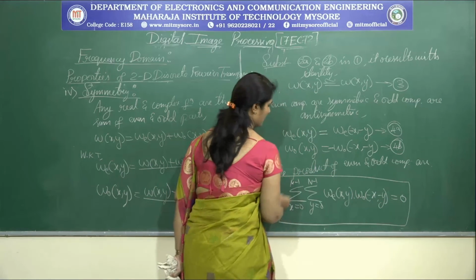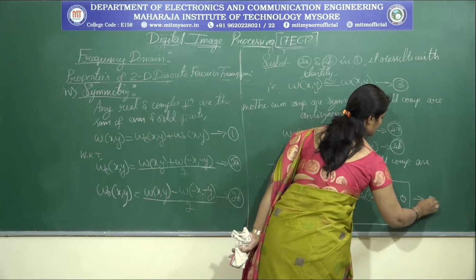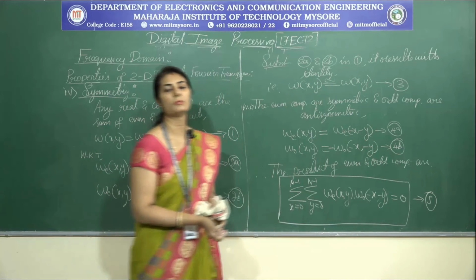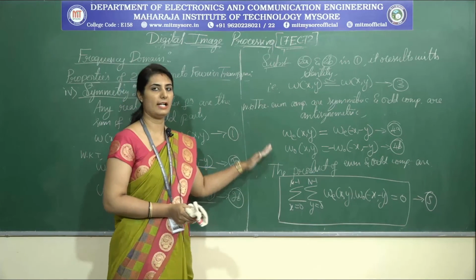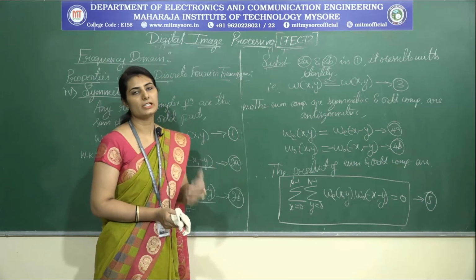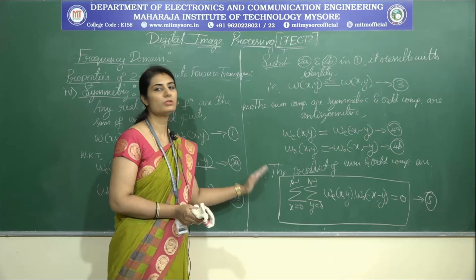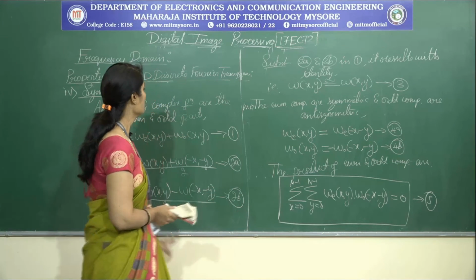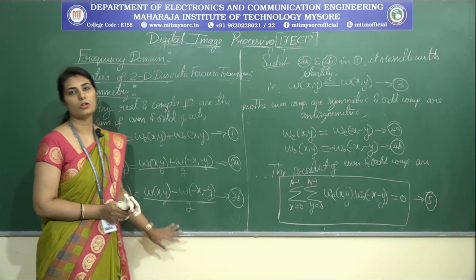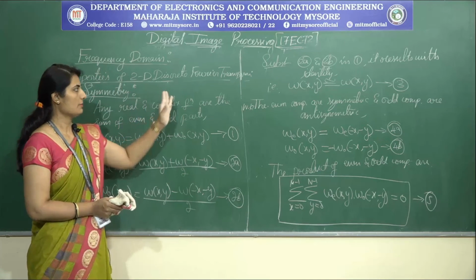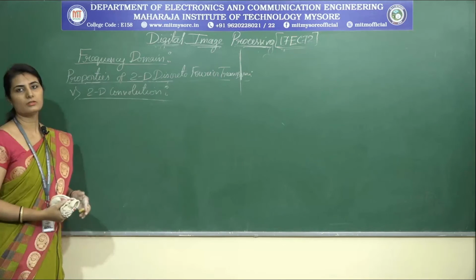So this is the symmetry property: even components are symmetric, odd components are antisymmetric, and the product of these two is always equal to 0. This is one of the properties of the two-dimensional discrete Fourier transform.